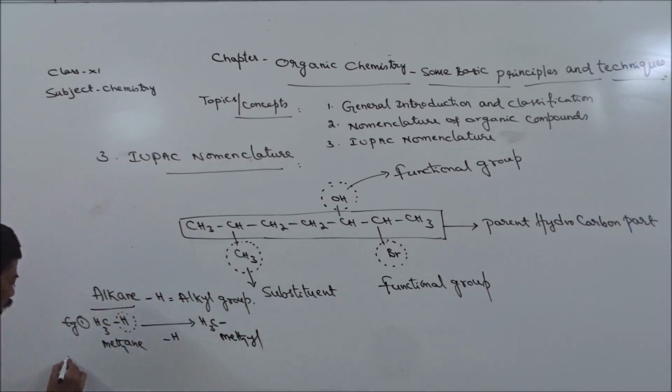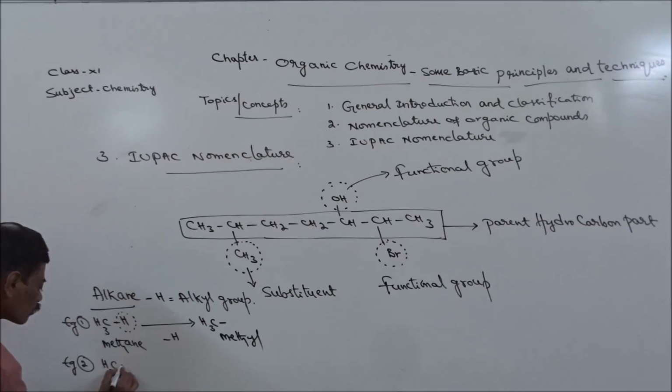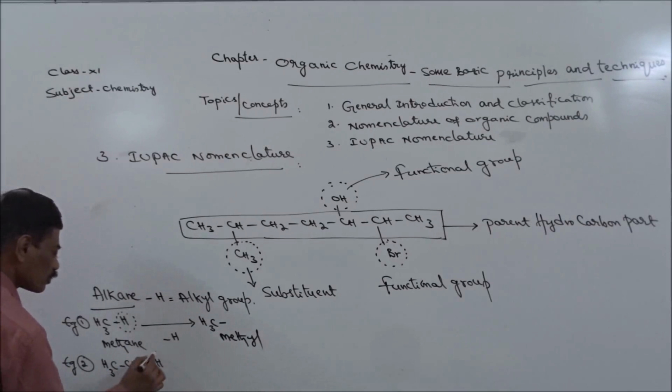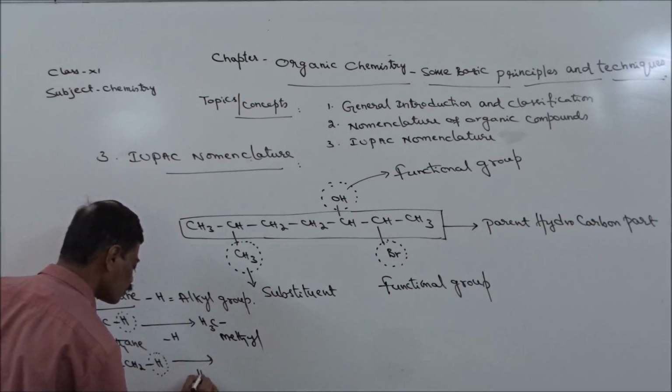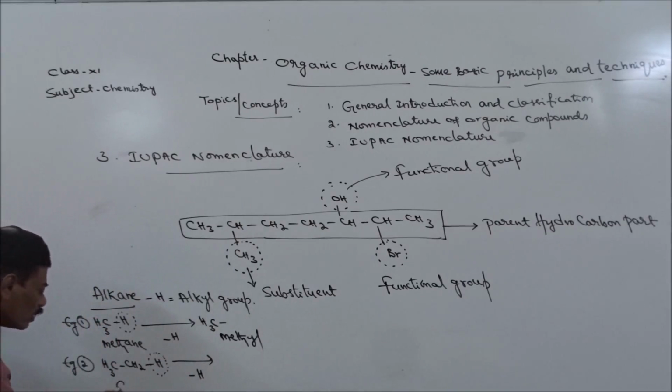Now this is called methyl. Right? Now example 2. CH3 CH2 H. This compound is ethane.